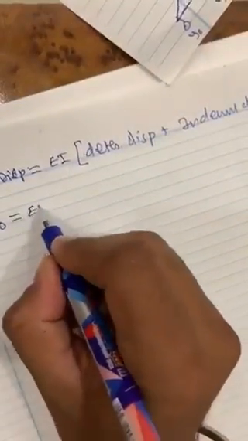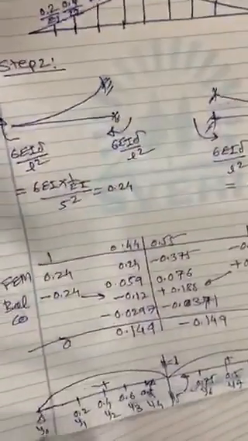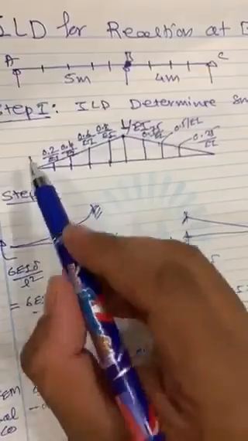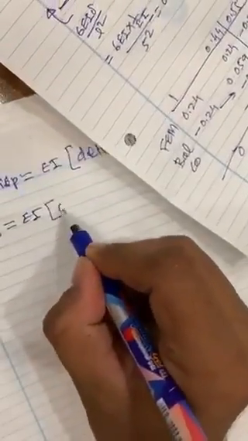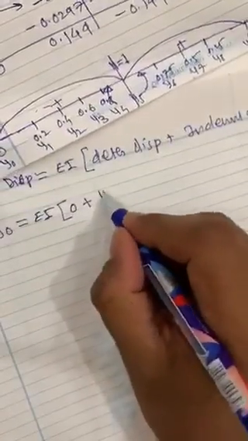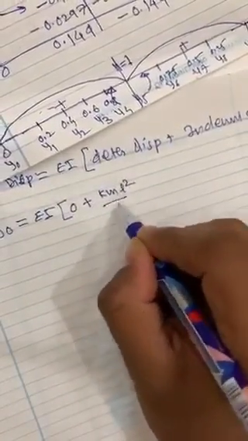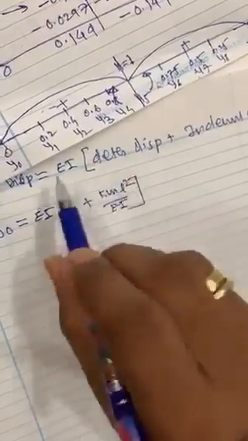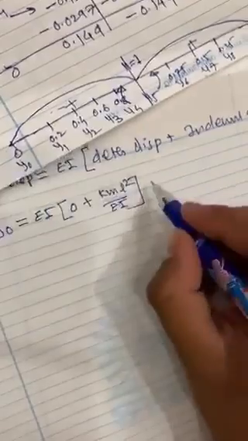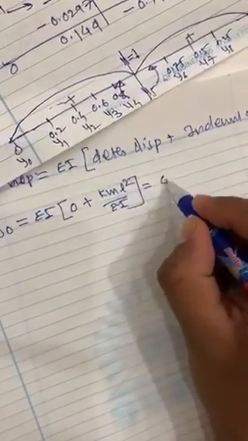If you label that, y naught will be nothing but EI into the determinate displacement at y naught, which is 0. What is the indeterminate displacement? k M L square by EI, and for n equal to 0, n minus n cube by 6, k is also 0, so that's why this is 0.